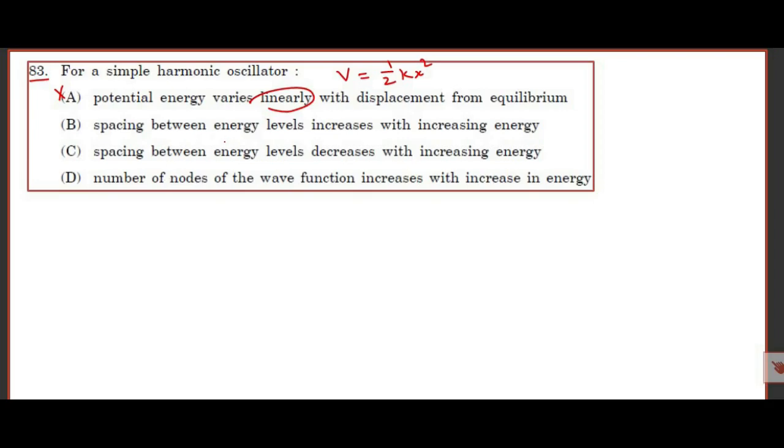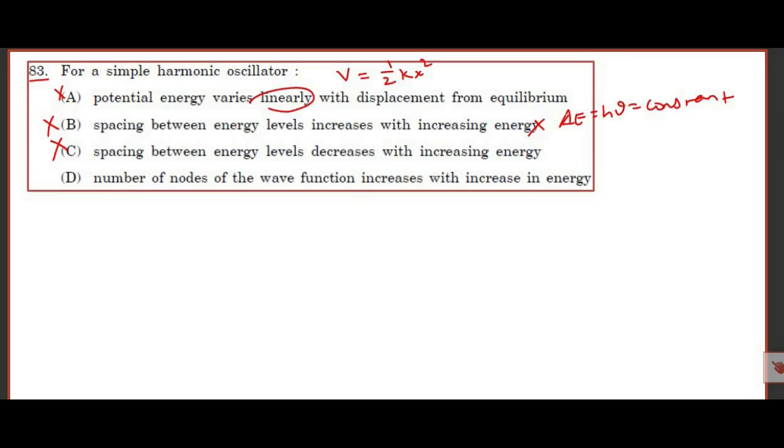Spacing between the energy levels increases with increasing energy is also wrong, because delta E equals h mu, which is a constant, and it will not increase, and it also does not decrease. Hence B and C are both wrong.